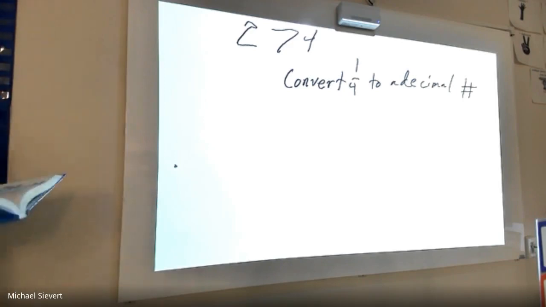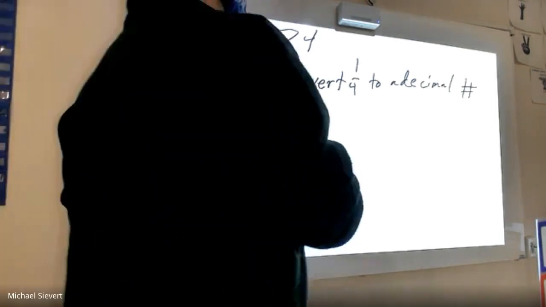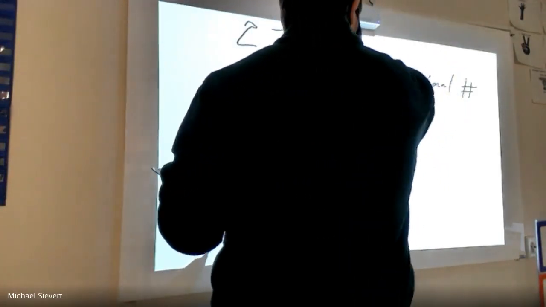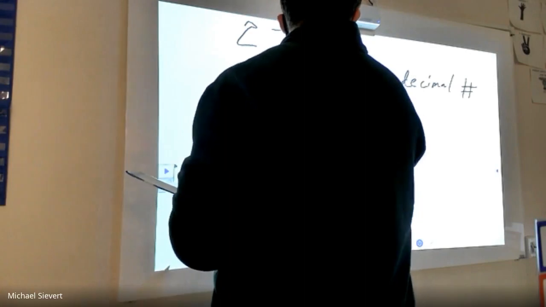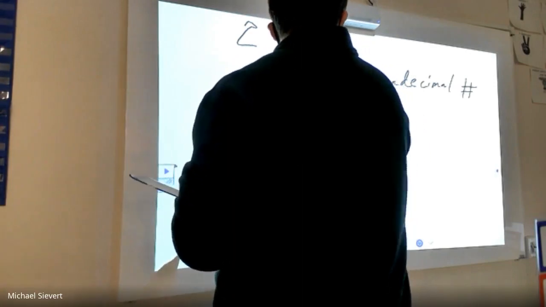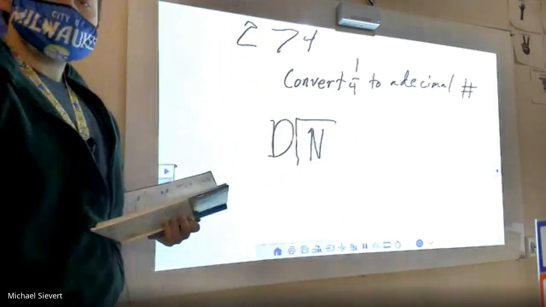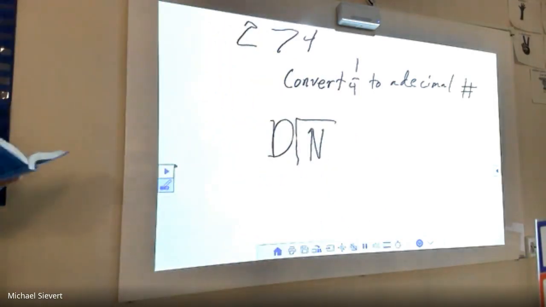Asia. Right, in order to put any fraction into a decimal, you take the numerator divided by the denominator. And that's all we're doing today.